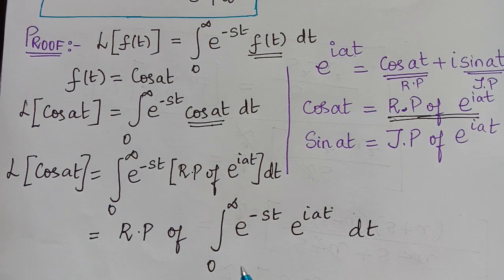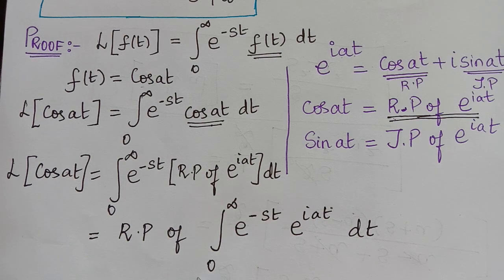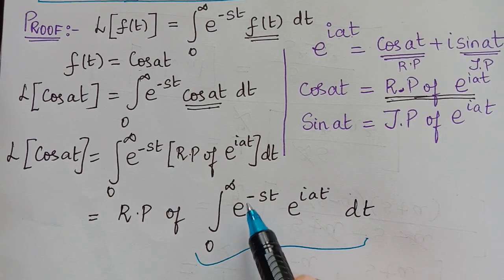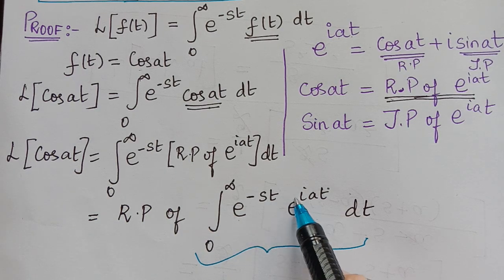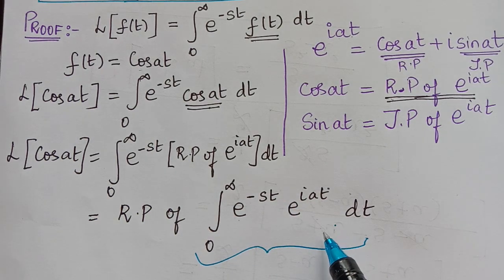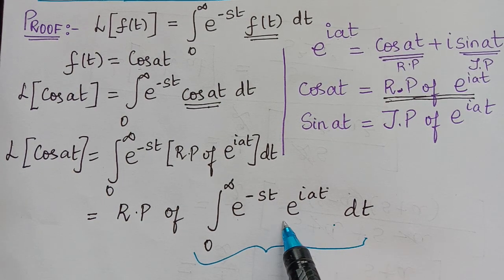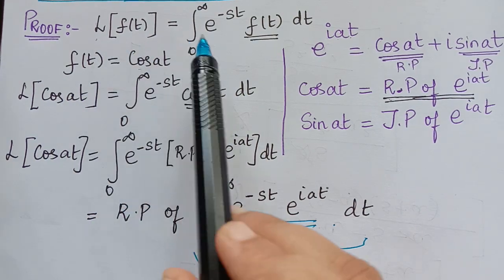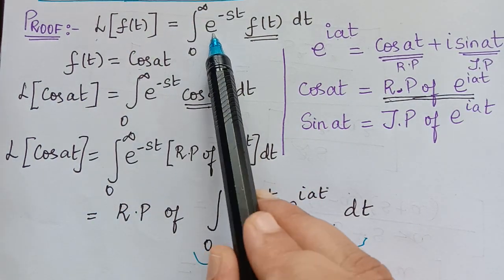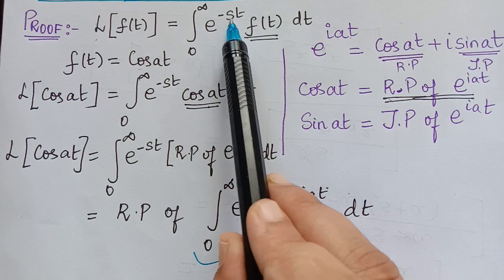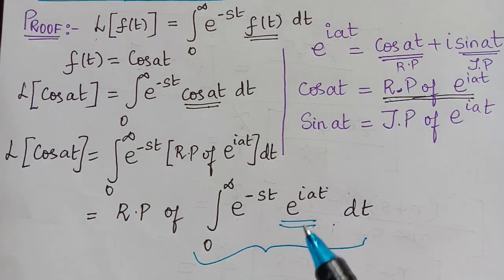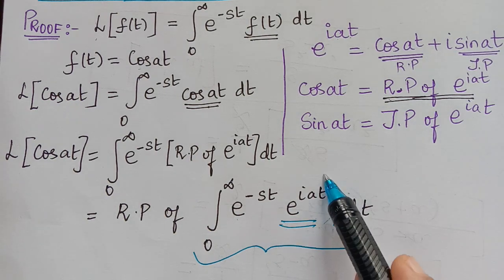Now by using the formula of Laplace transform, we know that this integral, that is integral 0 to infinity e power negative st e power iat dt, is the Laplace transform of e power iat, because we know that Laplace transform of f of t is equal to integral 0 to infinity e power minus st f of t dt. Now instead of f of t, what do we have here? We are having e power iat.